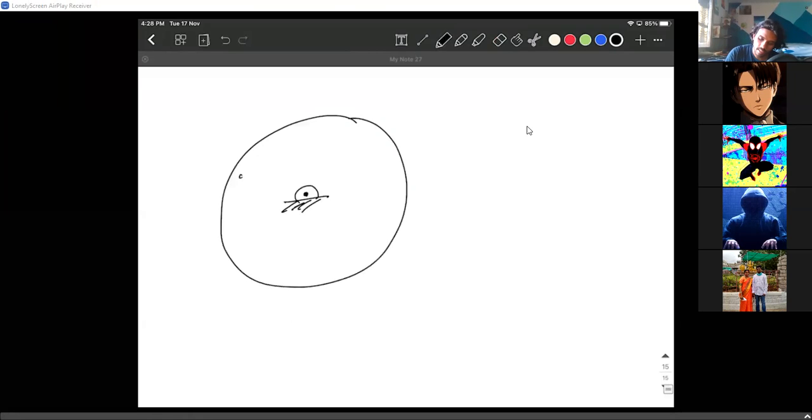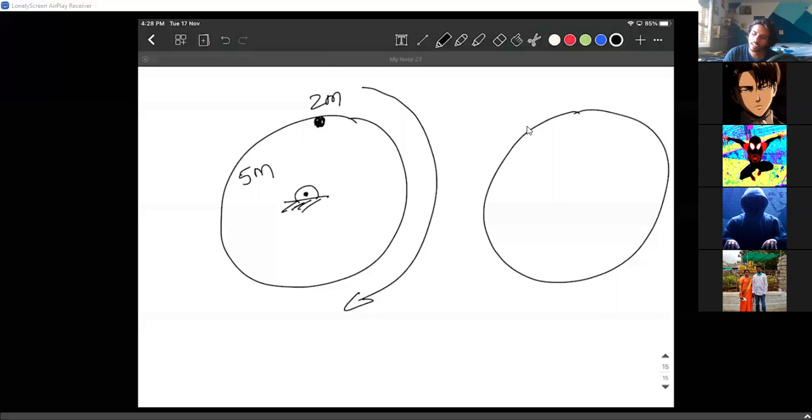Okay, a disk of mass 5m has a particle of mass 2m. Somebody moved it, so it started rotating, and after some instant, that particle mass came down here, to this point.